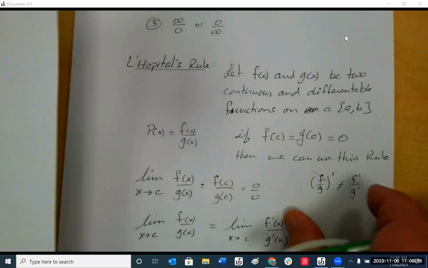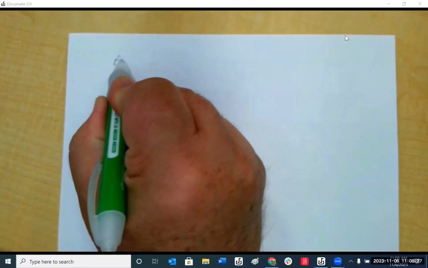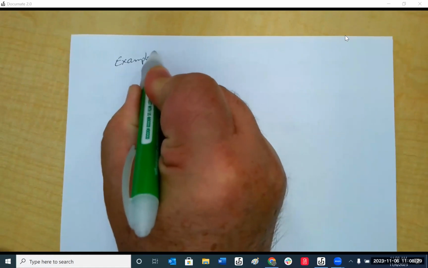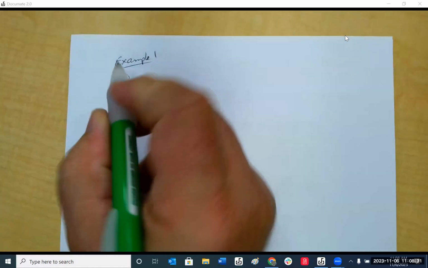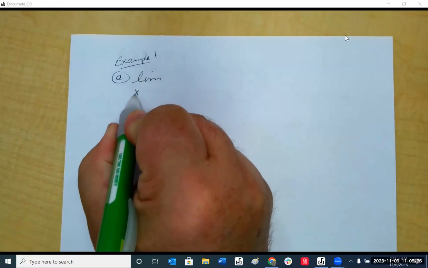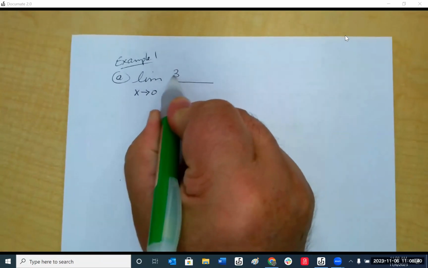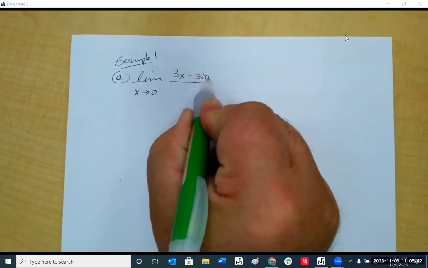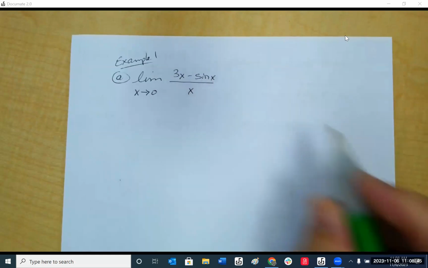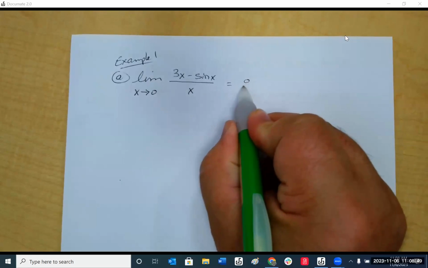All right, so let's look at these. Example 1A. It says the limit as x approaches 0 of 3x minus sine x over x. We get 0 over 0.